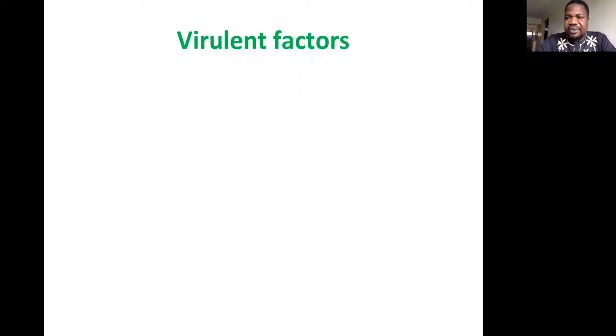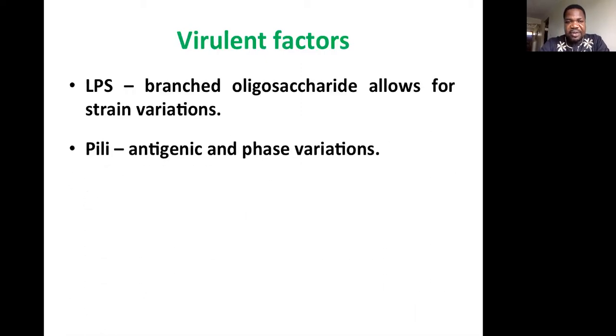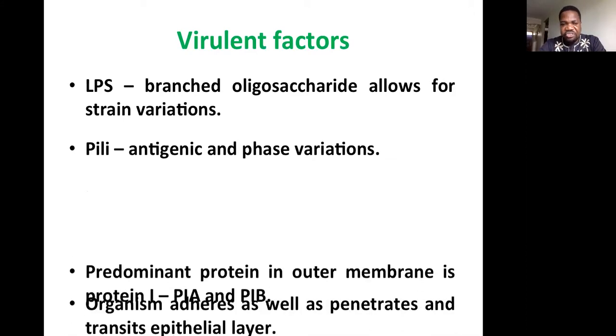What are the virulence factors that this microorganism has? It has a lipopolysaccharide that is a branched oligosaccharide that allows for strain variations. That's why it's sometimes very difficult for scientists to develop a vaccine against some of these pathogens because of strain variations. And it has a structure that we call pili in its cell wall that is also responsible for both antigenic and phase variations.